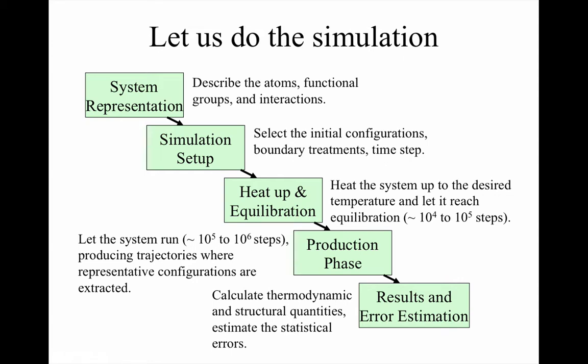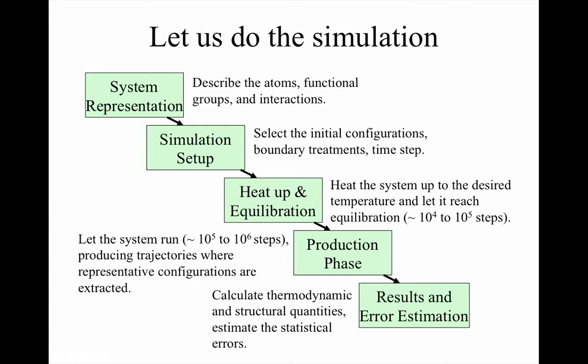Now let us try to describe the steps that we should go through in order to set up and perform a molecular dynamics simulation of a chemical system. The first thing that we need to do is to look at the system representation. So we need to define a way to describe the atoms.